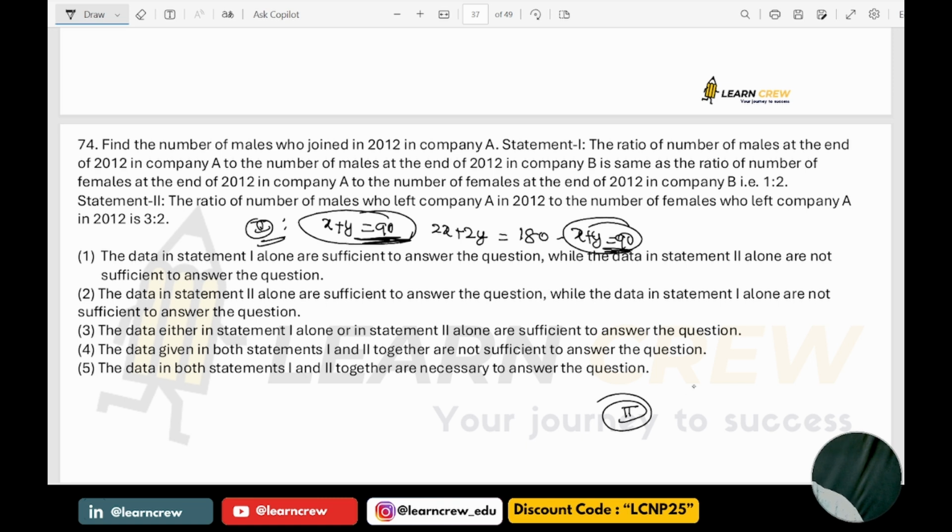Company A 2012, 60 are leaving. So 3:2 means total is 5 parts, so 3/5 of 60, which is 36 are males. And 24 are females.